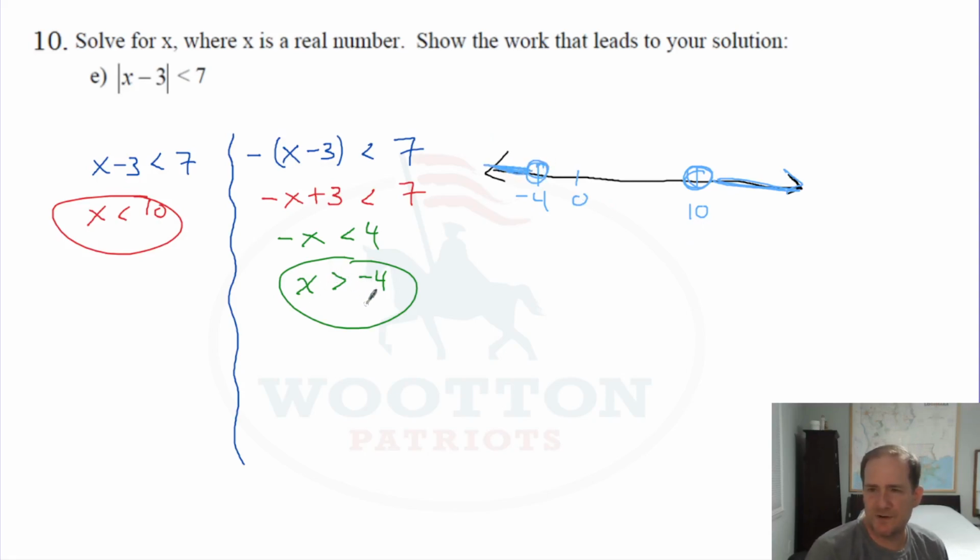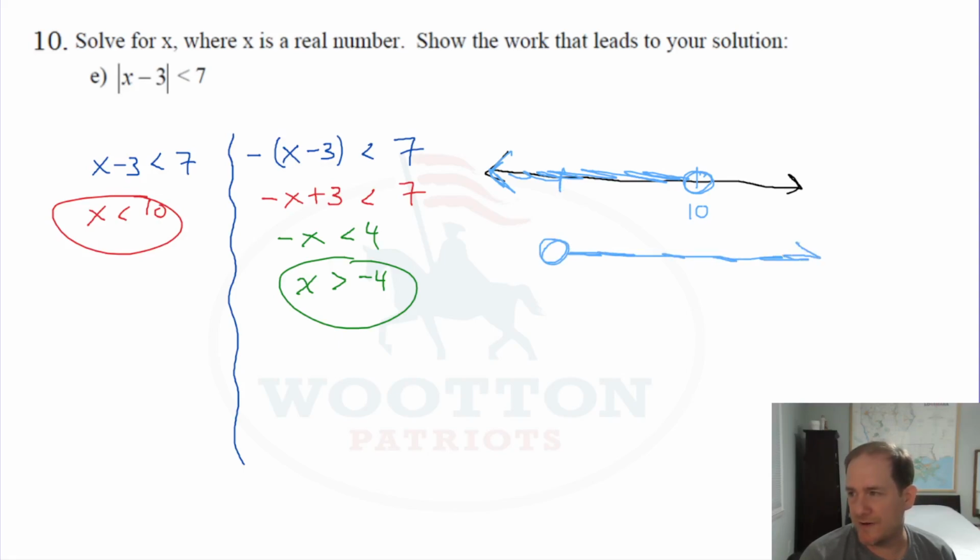No, this says greater. So I'm doing this wrong. If I'm trusting my own algebra, which I kind of am, then it actually says x needs to be less than 10, which means I can't be 10, but I can be somewhere left of it. Then x has to be bigger than -4. Well, here's -4. I can't be -4, but I can be anywhere to the right of it.